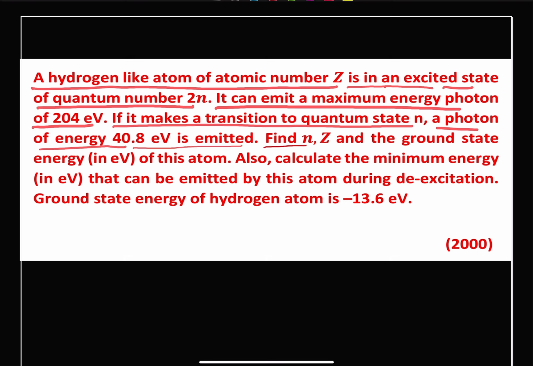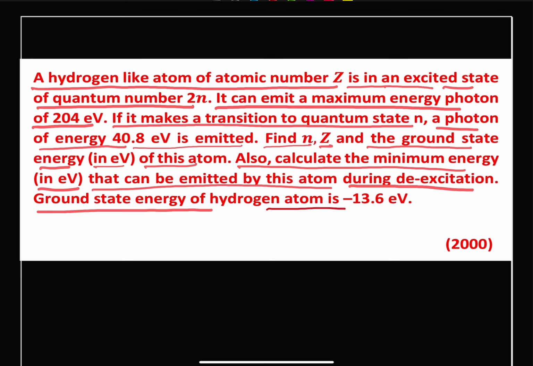Find n, Z, and the ground state energy in electron volt of this atom. Also calculate the minimum energy in electron volt that can be emitted by this atom during de-excitation. Ground state energy of the hydrogen atom is minus 13.6 electron volt.